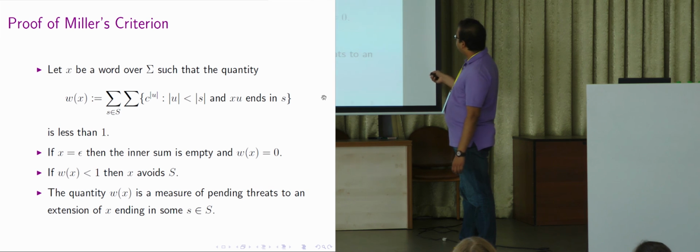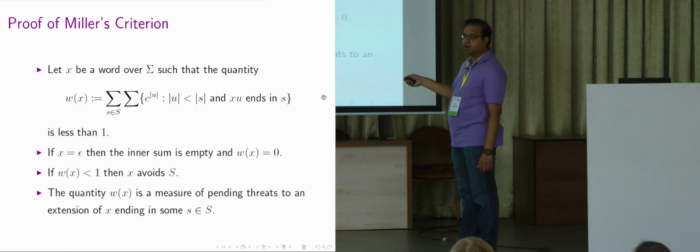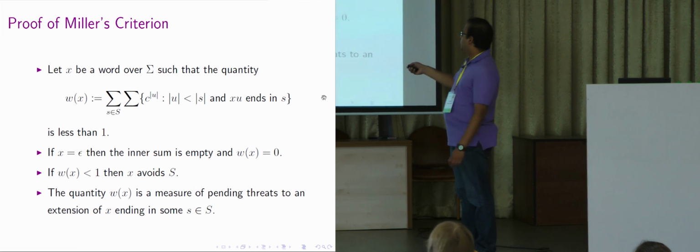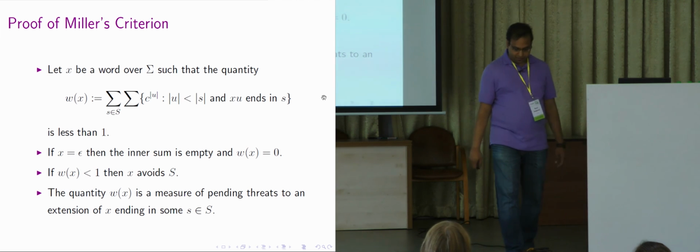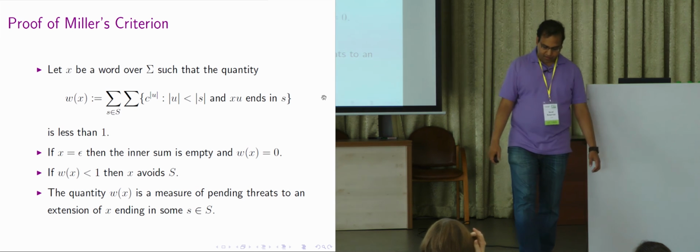First of all, the inner sum just sums up all the elements of this set, so just add up all the c to the u's, where u runs over all u's that satisfy this condition, and then take the outer sum over all s in S.